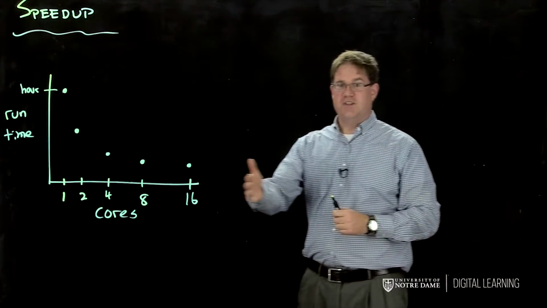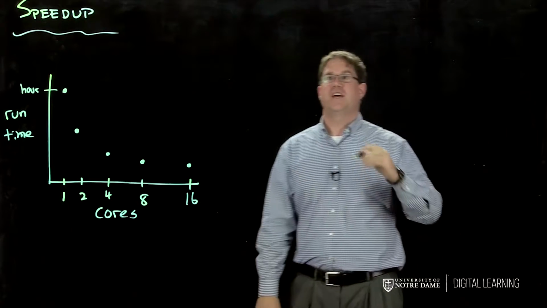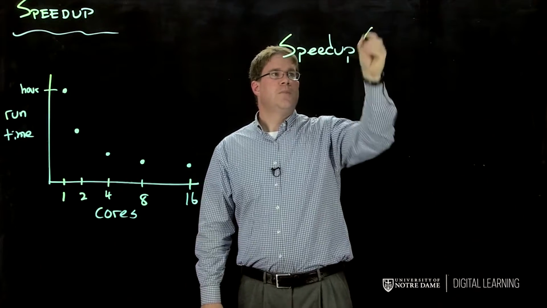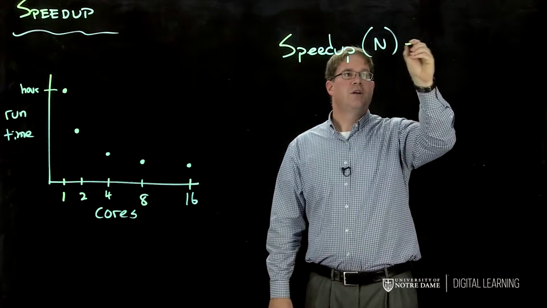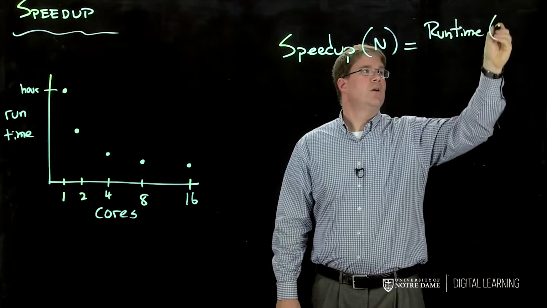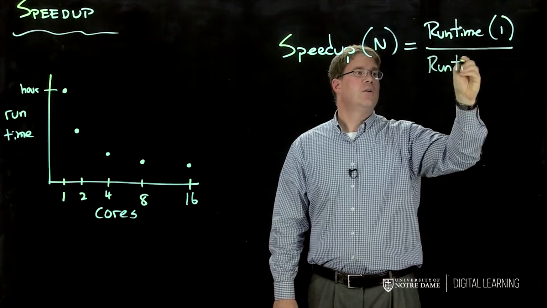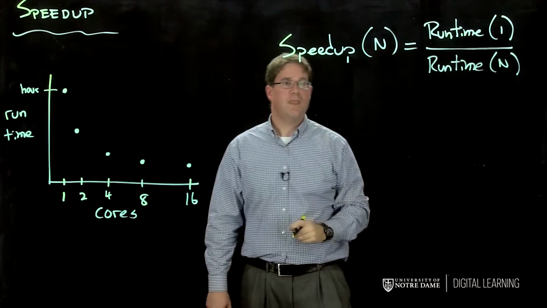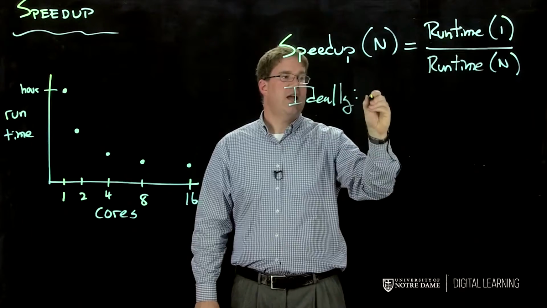So instead of extending this graph all the way out, we're going to compute the opposite, which is known as speedup. The speedup of a parallel application on n cores is defined as the runtime of that application on 1 core divided by the runtime of that parallel application on n cores. Now, ideally, that speedup is going to be exactly n.